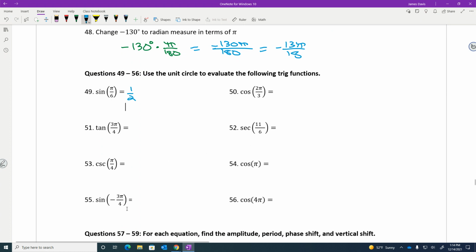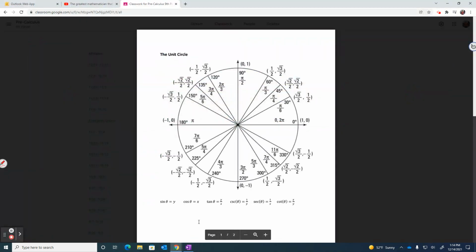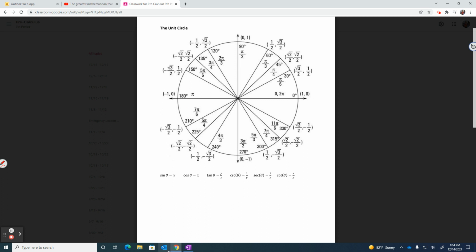For tangent of 3 pi over 4, if you don't know tangent, you look it up. It's y over x. 3 pi over 4 is right here. So y is radical 2 over 2, and x is negative radical 2 over 2.